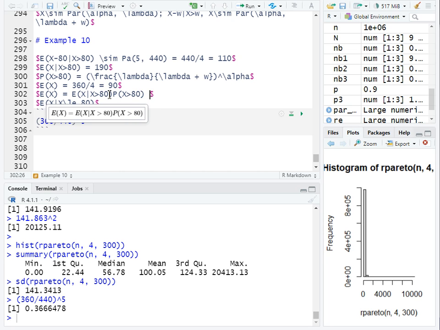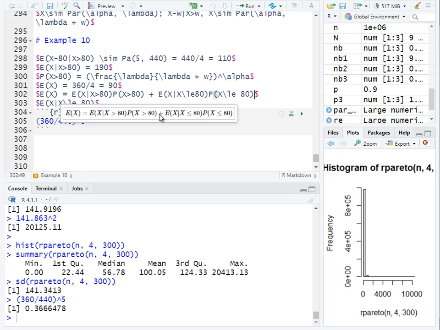So we are just writing the formula for our Ex, and of course if we have written x more than 80, we should also write x less than or equal to 80, and of course the probability that x is less than or equal to 80. So this is our resulting formula.